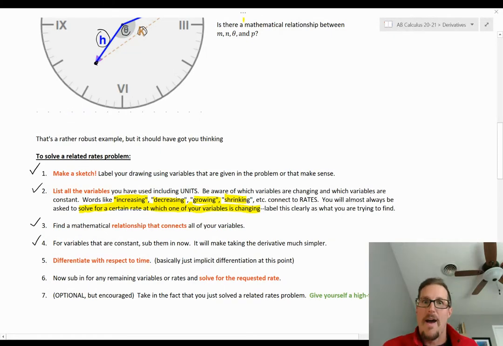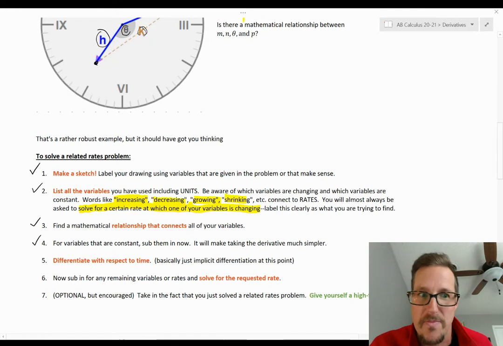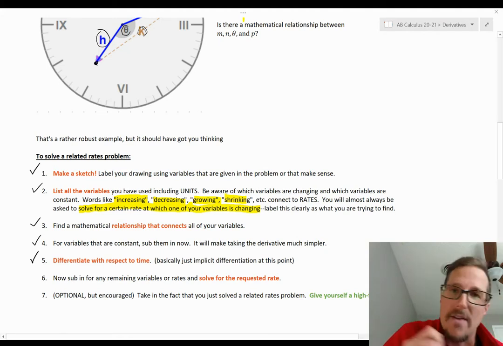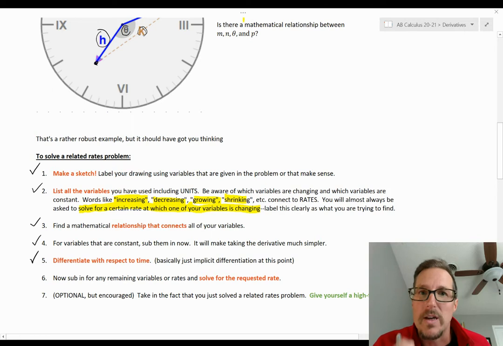All right, now we've come to the derivative part. So after we've made a sketch and listed variables and come up with an equation that links everything together and plugged in any constants, now and only now can we finally take the derivative. That's what we're all here to do. Take the derivative with respect to time. We're going to do that every single time with related rates problems.